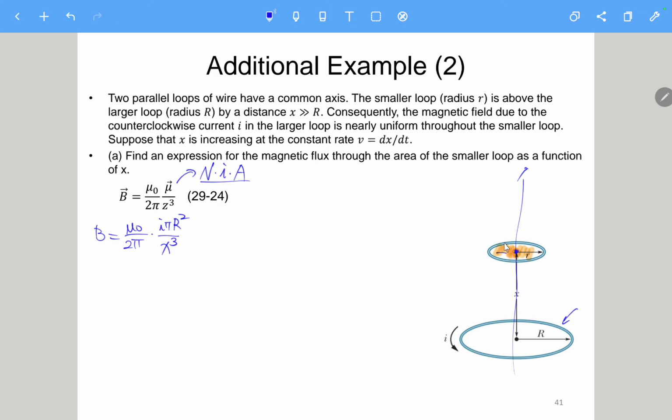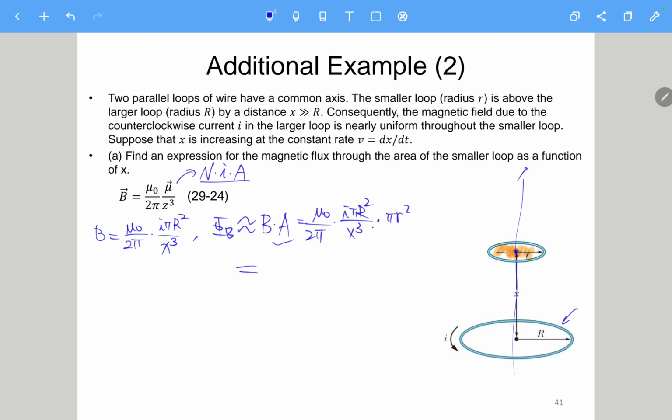But we assume that all the B field is approximately this value. So the flux phi B is approximately B times A, which is mu 0 over 2 pi times I pi capital R squared over x cubed, times A, which is pi small r squared.